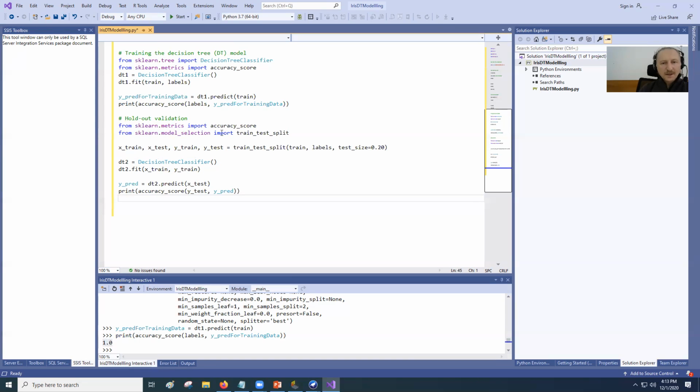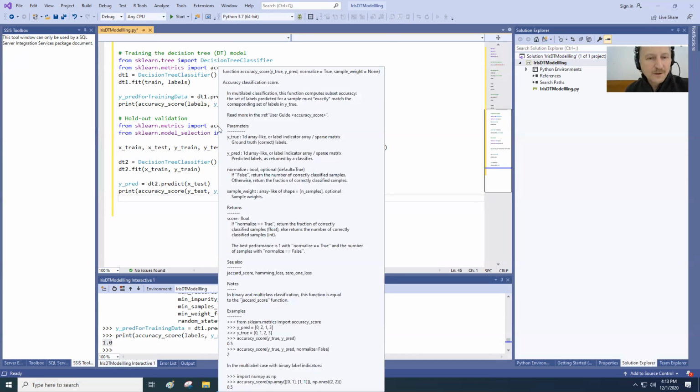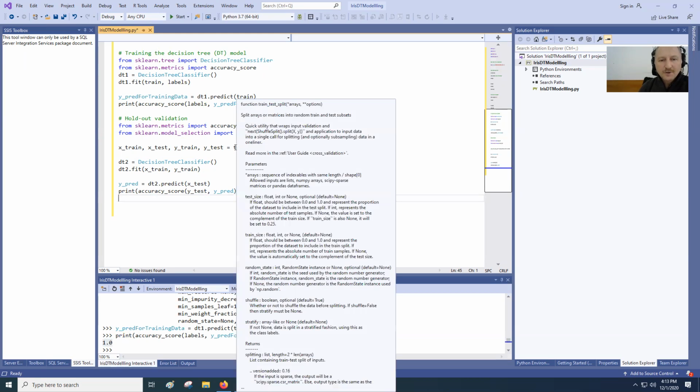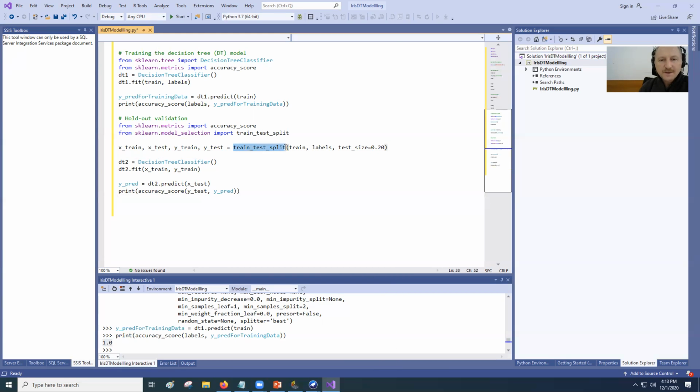In the hold out, I should import metrics and model selection. I will use train test split. Inside train I have the full input, the data set input, and inside label I have the targets.